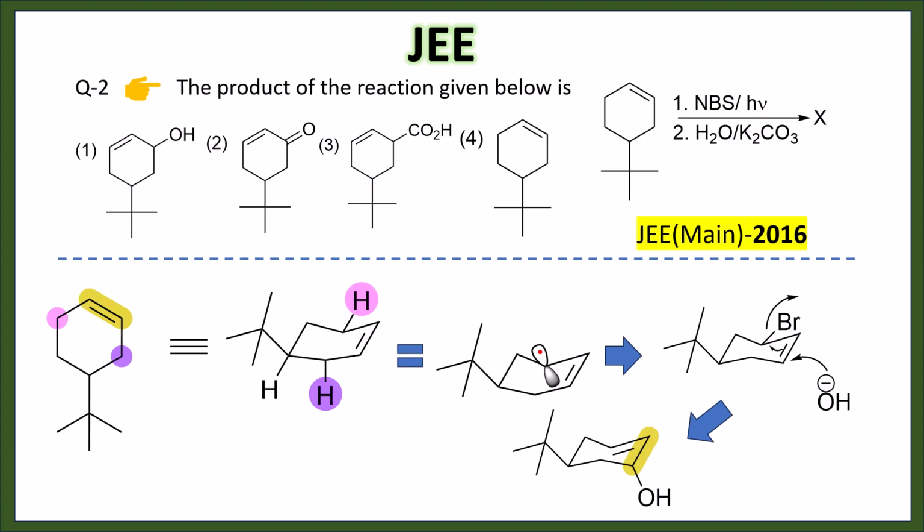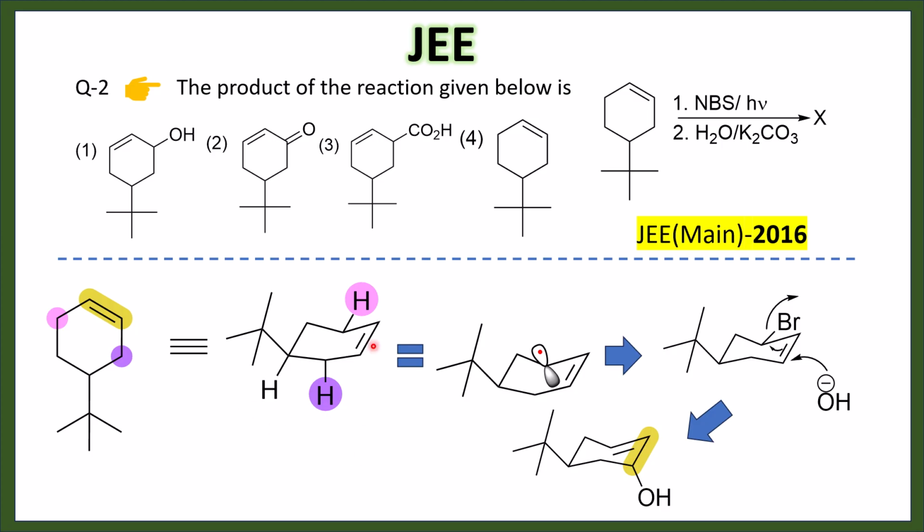Now question number 2, the product of the following reaction given below. Here the reaction conditions are NBS, then HNO. So allylic bromination happens. There are two allylic positions, and bromination will follow the one that gives the more stable product.